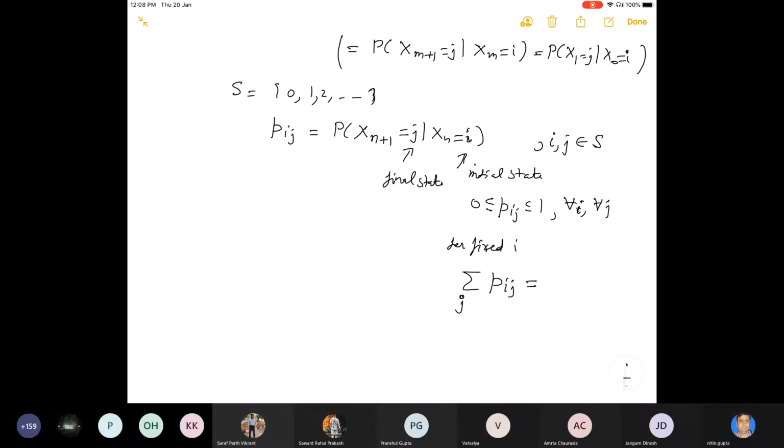By the definition of conditional probability, this will be 1.